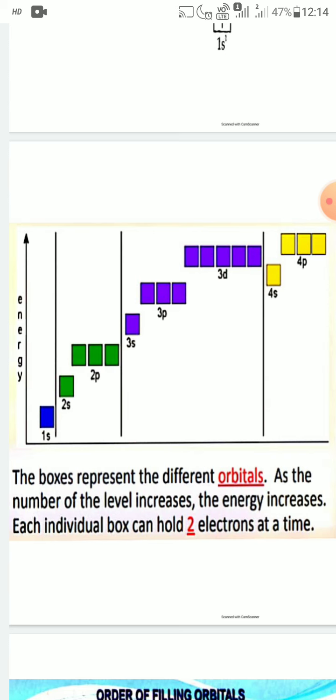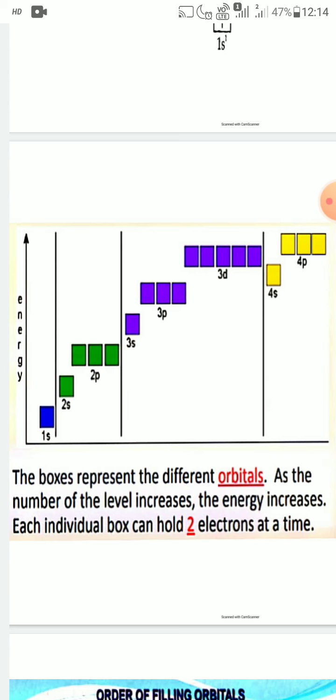All the subshells or orbitals are written in this diagram, shown by boxes of different colors. The energy of the 1s orbital is the lowest, then the energy of 2s is higher than 1s, the energy of 2p is higher than 2s, and the energy of 3s is higher than 2p, like this.